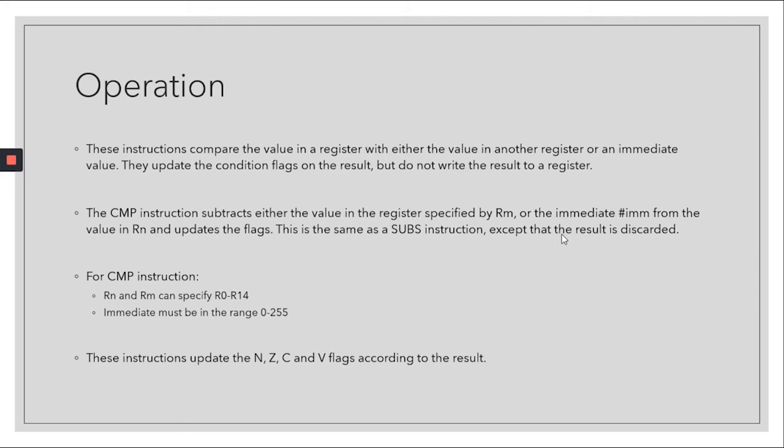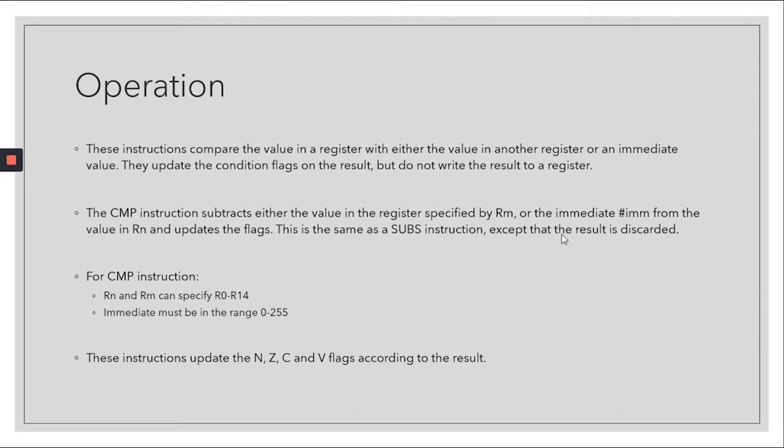It subtracts either the value in the register specified by Rm or the immediate value from the value in Rn and updates the flags. This is the same as the SUB instruction except that the result is discarded.